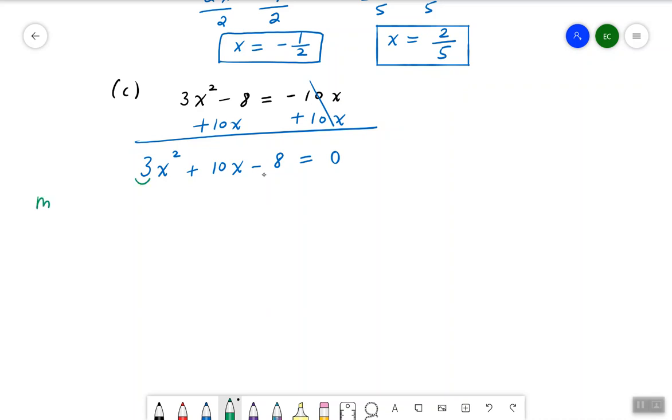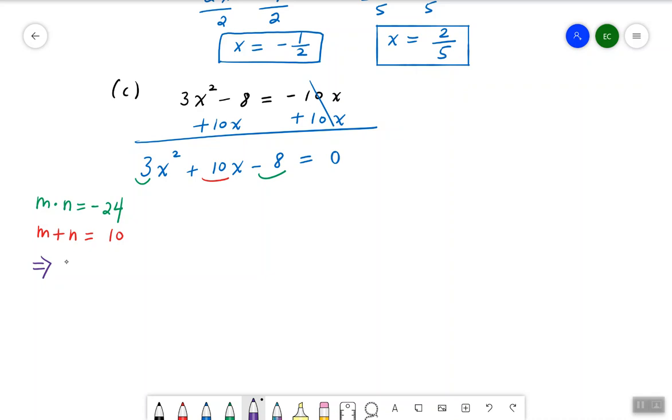We want two numbers that are going to multiply to the product of 3 and -8. 3 times -8 is -24. And the sum of those same two numbers should be the coefficient on the middle term, which is +10. And so if we think real hard about that, let's see here. 6 and 4 sound tempting, but the signs won't be right.